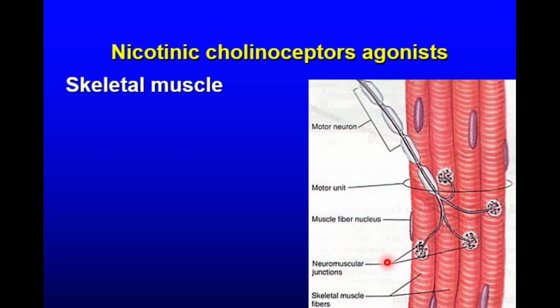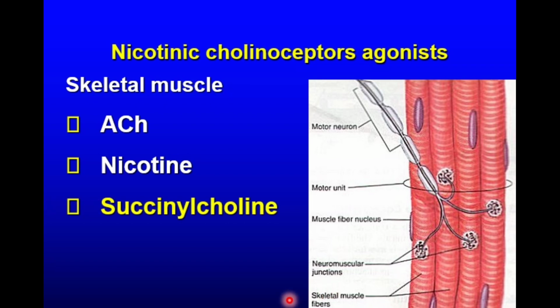Examples of agonists at the nicotinic receptor on the neuromuscular junction include acetylcholine, the natural neurotransmitter, nicotine, which is more potent than acetylcholine at the neuromuscular junction, and a drug called succinylcholine.